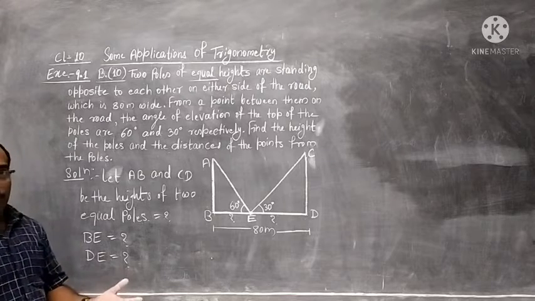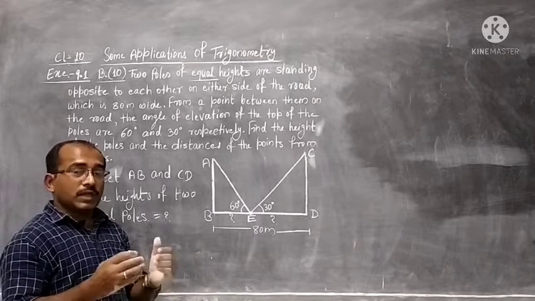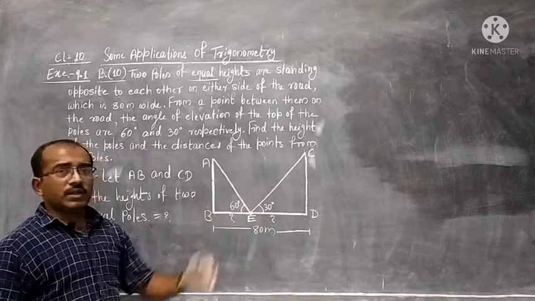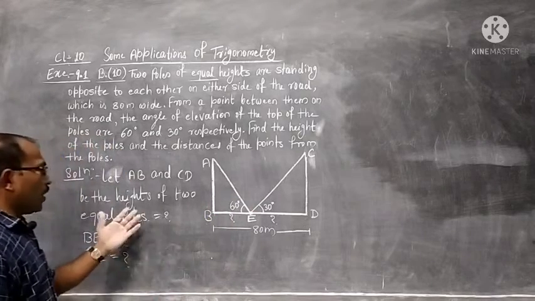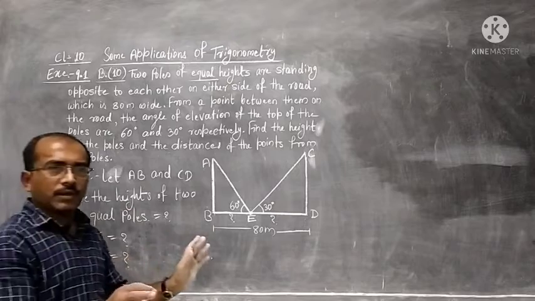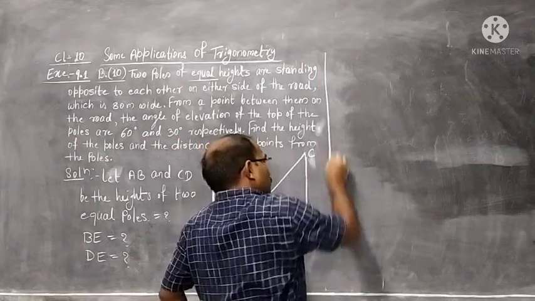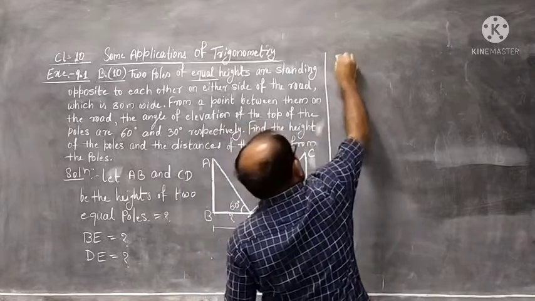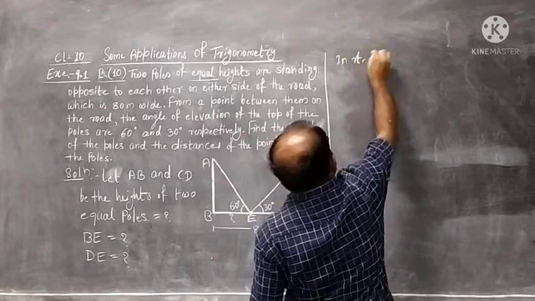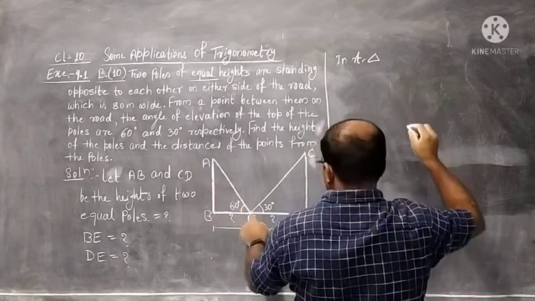Now the question comes, how shall we find? Clearly, we are seeing the triangles, we will work one after another in both triangles and nothing to worry. What we are supposed to find, we will find, provided we use the correct ratio. So let us start work in right triangle ABE.